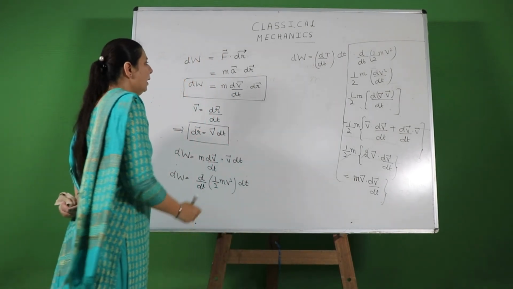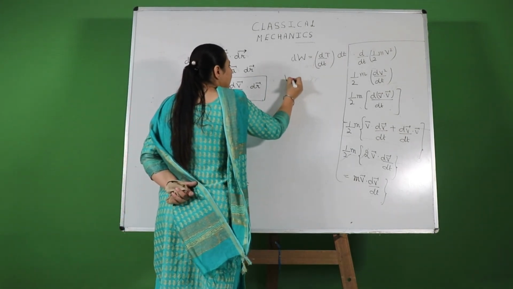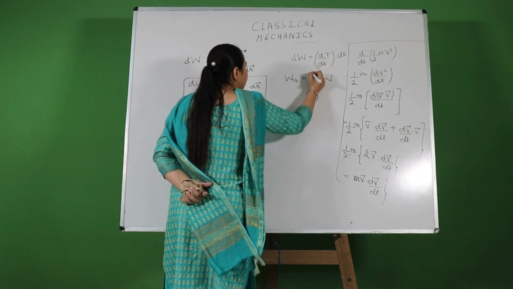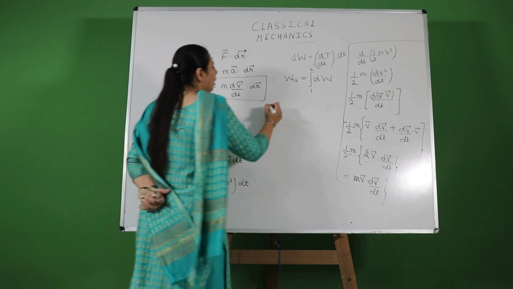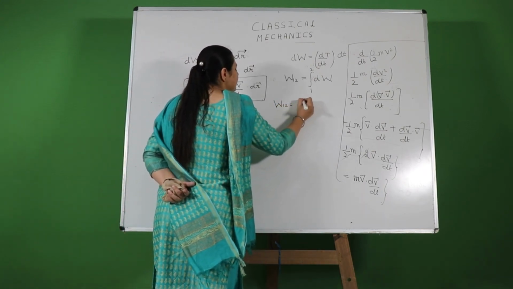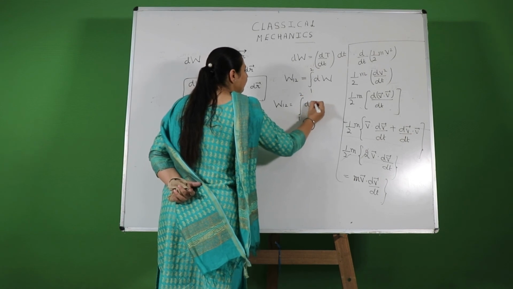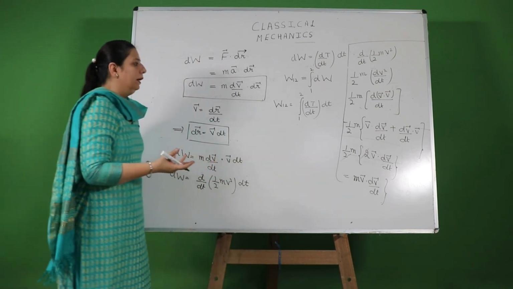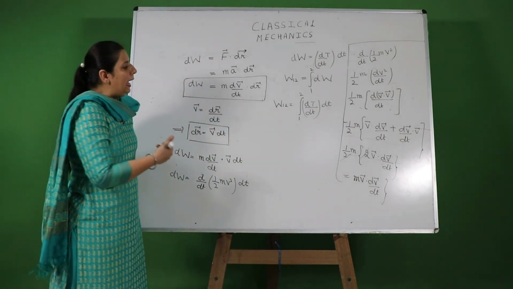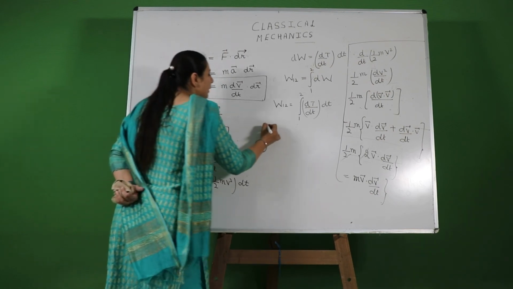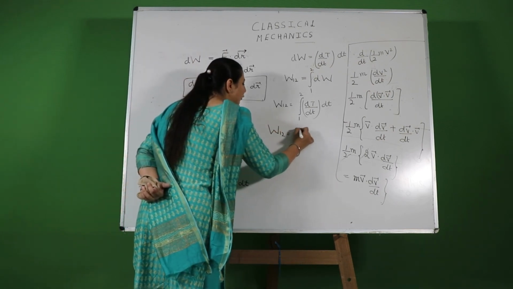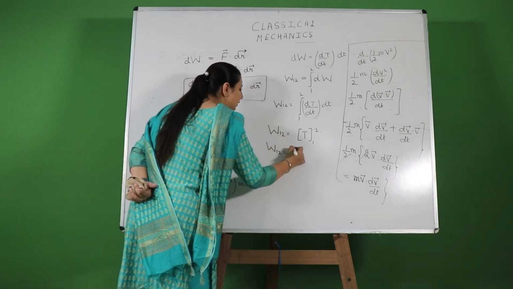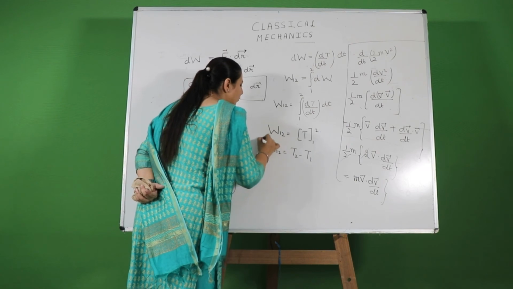So total work done from position 1 to 2 will be the integral of this work done from 1 to 2, or W12 will be the integral from 1 to 2. Again same thing, derivative with respect to time as well as integral with respect to time. They both will cancel and I will be left with the function only, or W12 will be T2 minus T1.